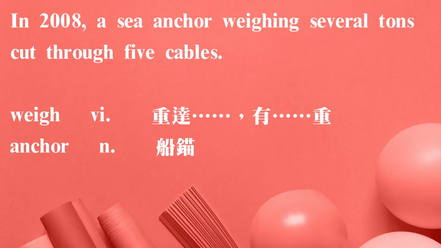So in 2008, a sea anchor weighing several tons cut through 5 cables. Wow. So basically there were 5 cables in one place, and this super heavy giant ship anchor that's as big as this room went down and just 刚好, just by chance, happened to be right where the cables were. And it cut them, all 5. Wow.